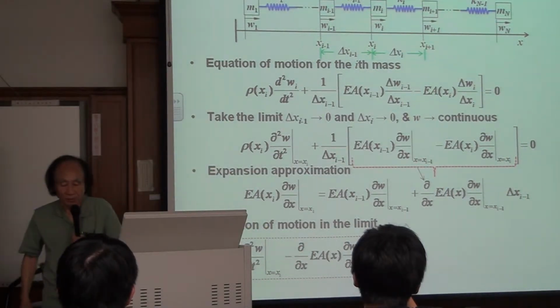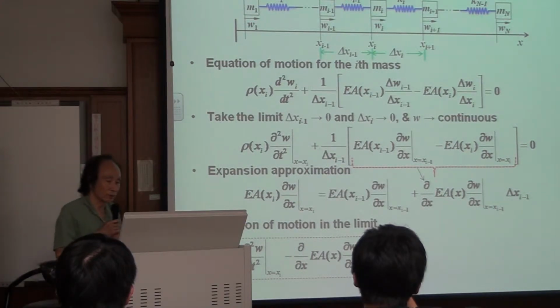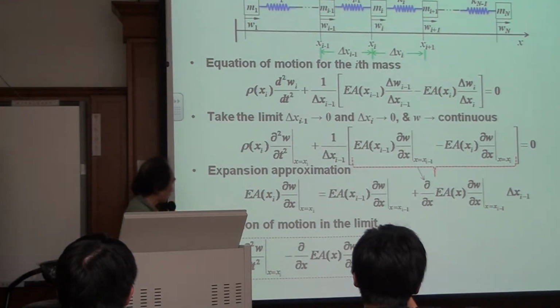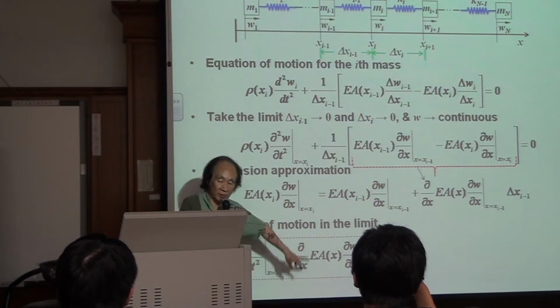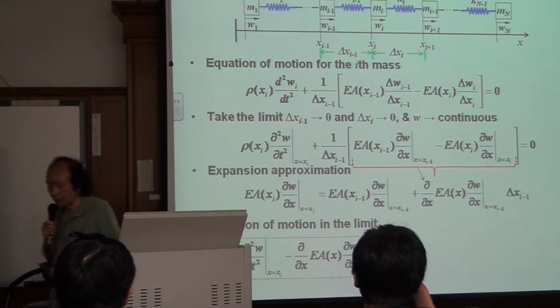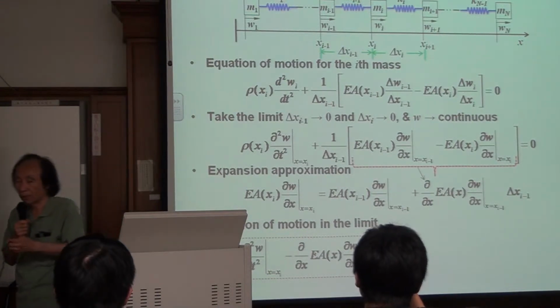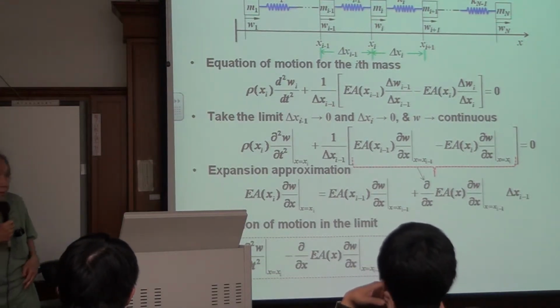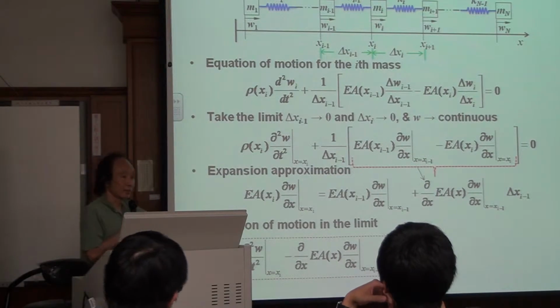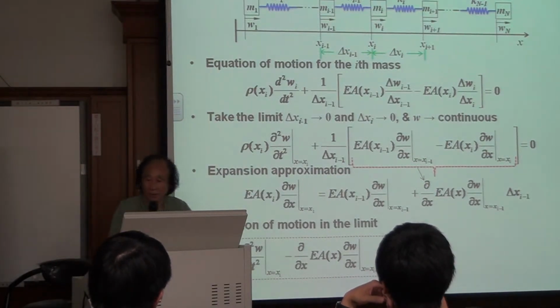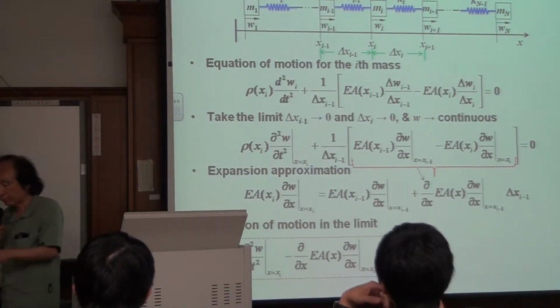And so, for a very large number of degrees of freedom, I can just use this partial differential equation to represent it, rather than a huge mass matrix and huge stiffness matrix. This is just a mathematical tool.